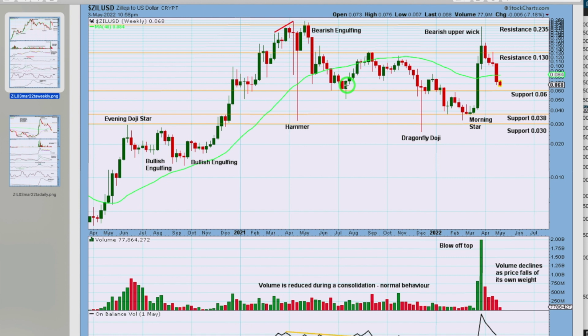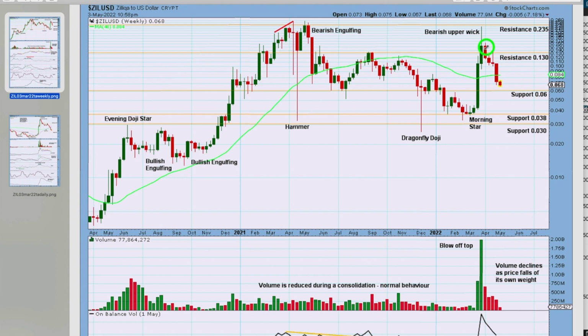Here's a bullish engulfing pattern with a long lower wick. This looks like a dark cloud cover in the context of an upward trend. A dragonfly doji in the context of a downward trend. This is bullish. And here, I think these could be considered a morning star. I'm not going to consider this a bullish engulfing because it's not that close to the low.